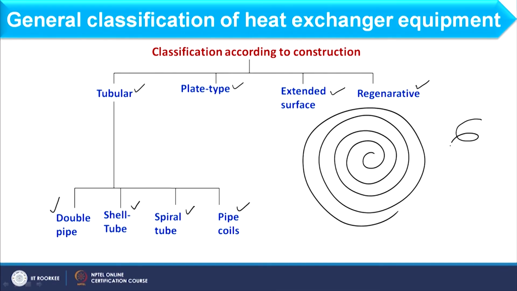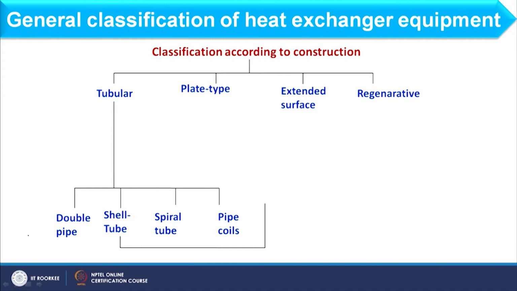But the structure will be on a surface, and it is available horizontally, not vertically. Similarly, if I am considering pipe coil, it is a helical structure. In this case again the two pipes will move together in a helical way.